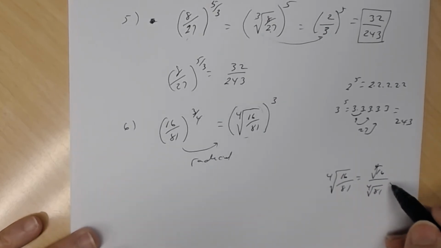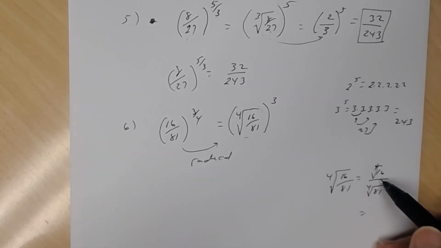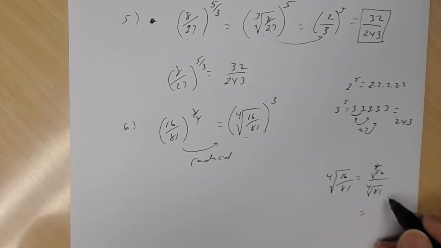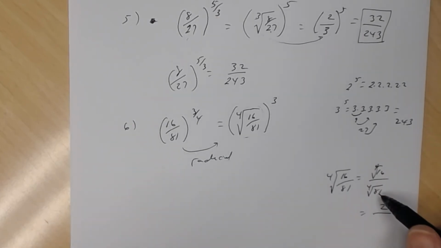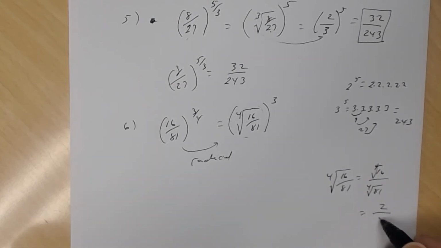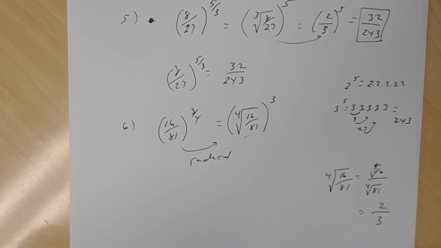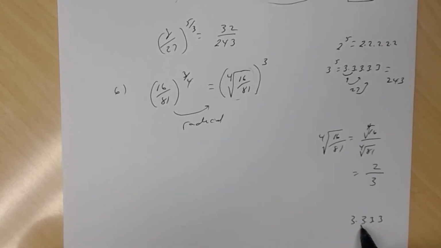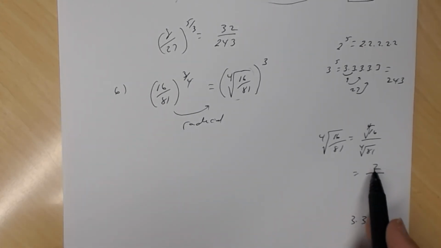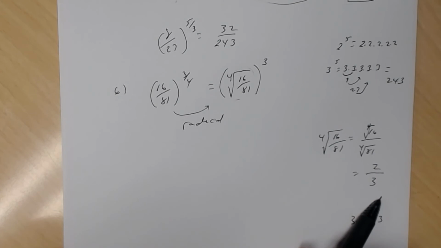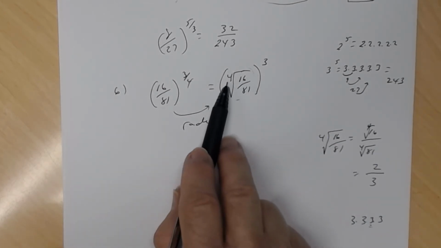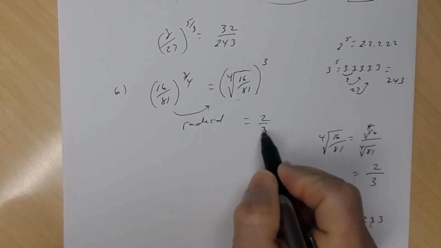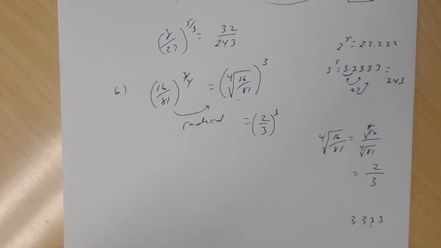So the 4th root of 16, what number times itself 4 times is 16? Well, that's 2. And then what number times itself 4 times is 81? Well, that's 3, because let's do this again: 3 times 3 is 9, 9 times 3 is 27, and 27 times 3 is 81. So this becomes 2/3 raised to the 3rd power.